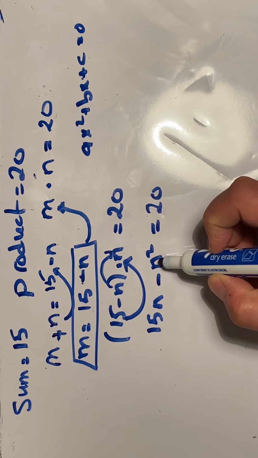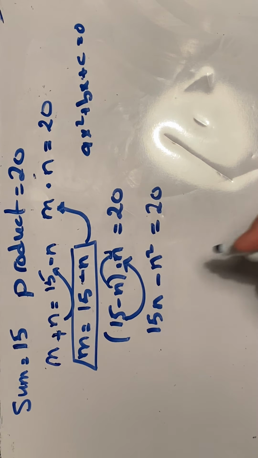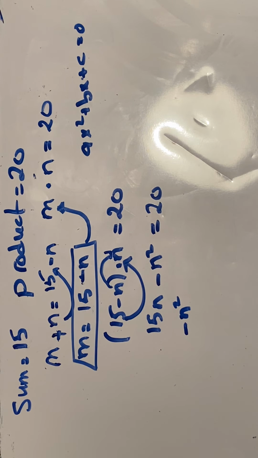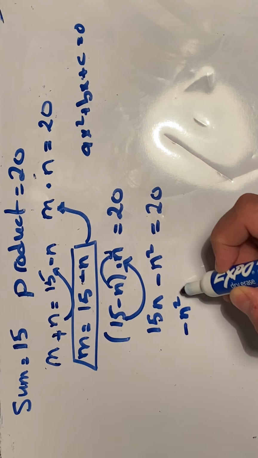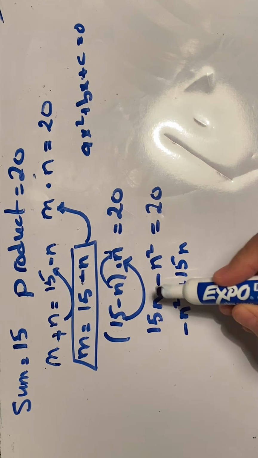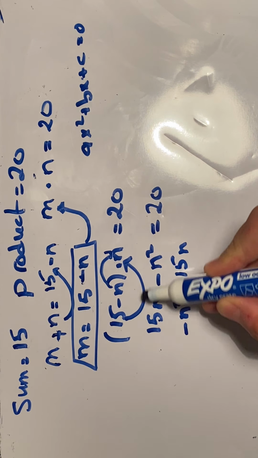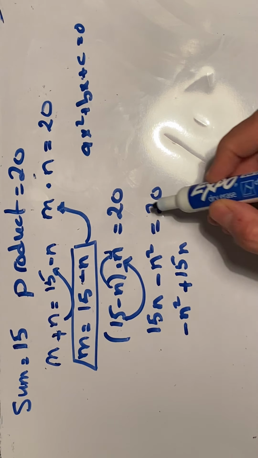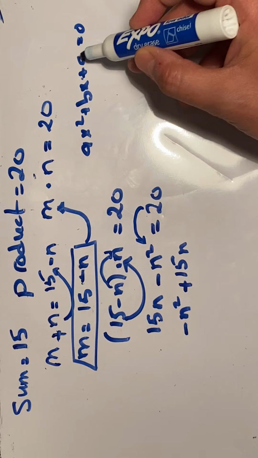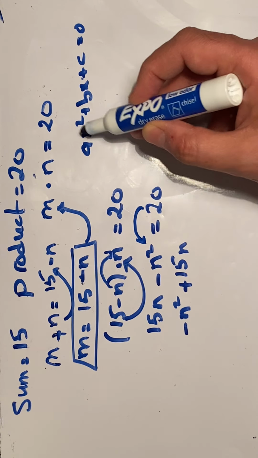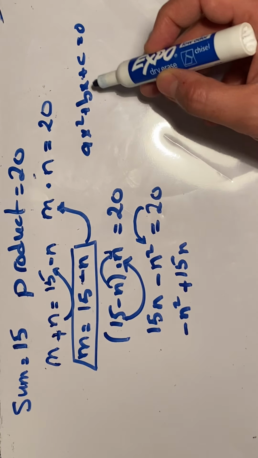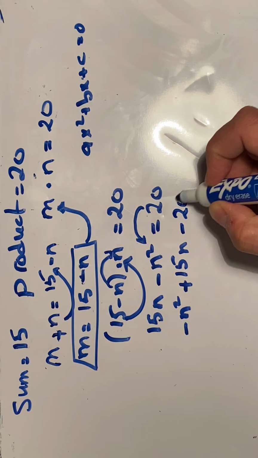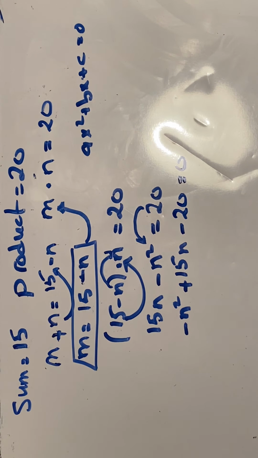So the squared term goes at the beginning, that's negative n squared. Then plus 15n, and the constant goes at the end, variable squared, variable, and constant. So that's negative 20 equals 0.